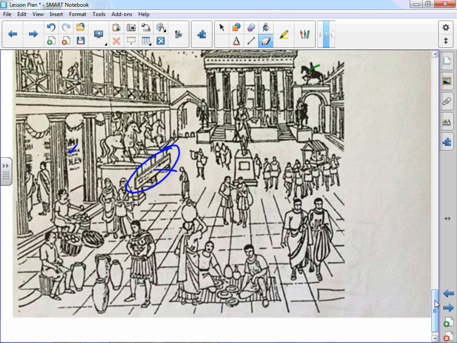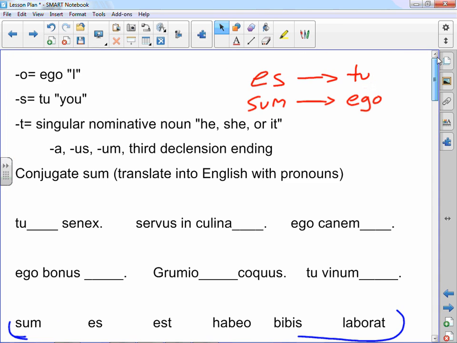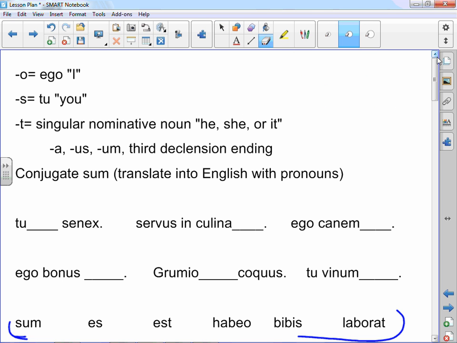Okay, I'm going to go back up here because this is important. We'll go back up here and then we're done. Make sure that you understand that O equals I in English, that S equals you in English, that the T is going to have a he, she, or it, some kind of nominative noun that goes with it.